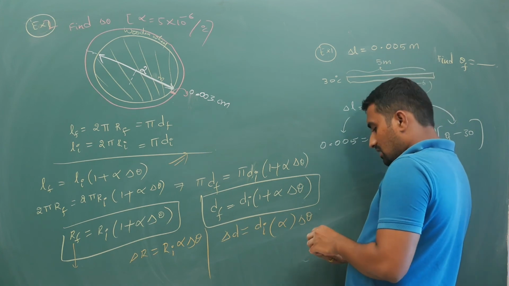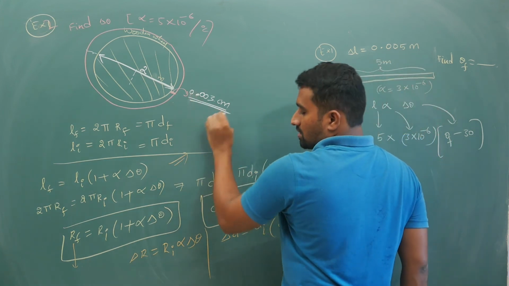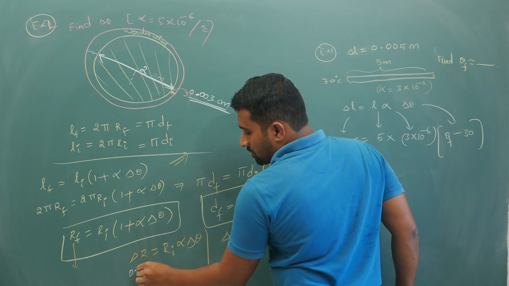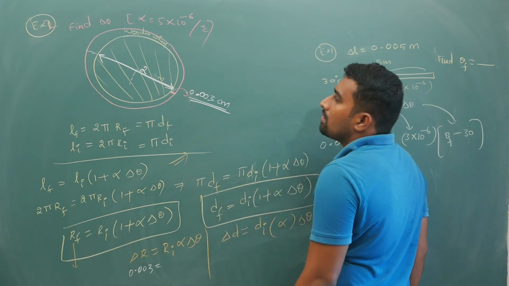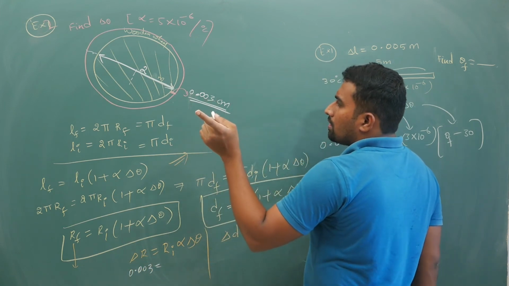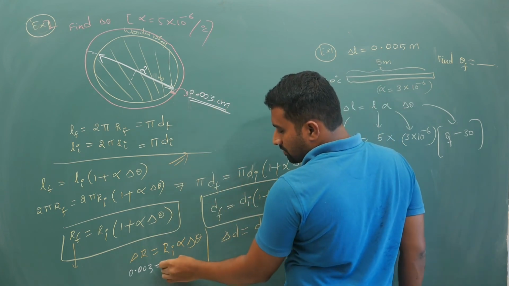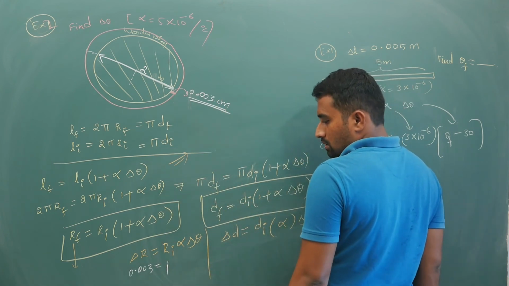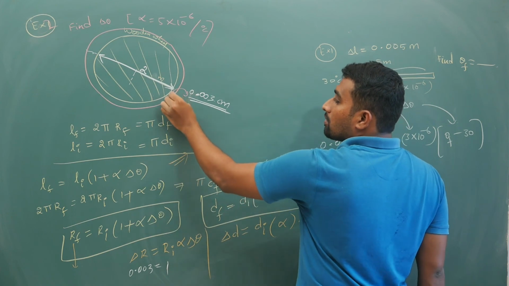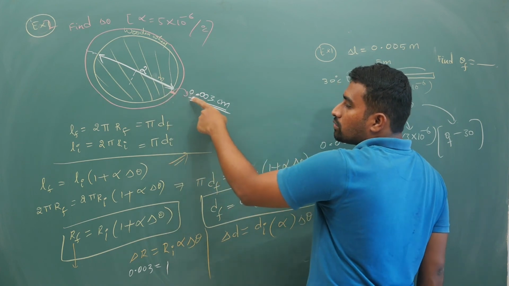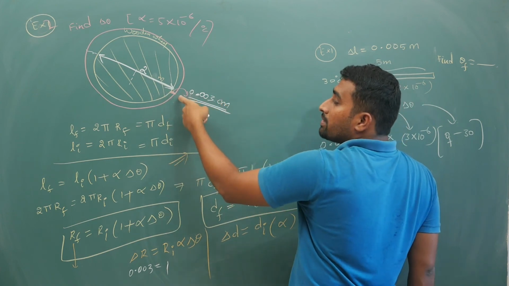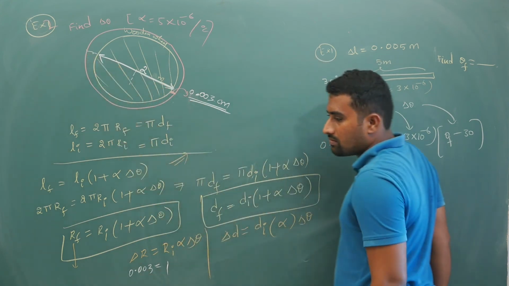So the change in radius is 0.003, equal to the initial radius times alpha times delta theta. The initial radius is 1, because the diameter is 2. I have considered only this. If you are expressing diameter, it is 2 times this, because for the diameter this side length will increase and this side length will also increase.